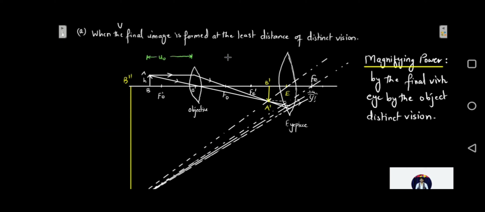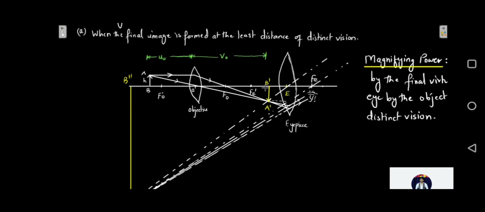Let the image of the objective be formed at a distance of v0, which is almost close to the eyepiece, because, as we have discussed initially, the focal lengths of the objective and eyepiece are very small.